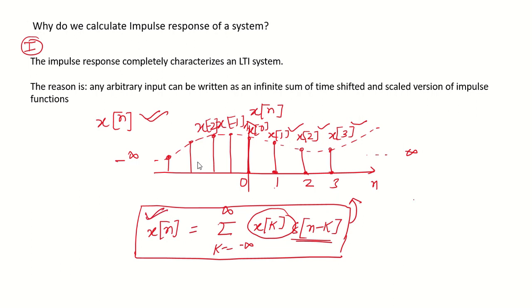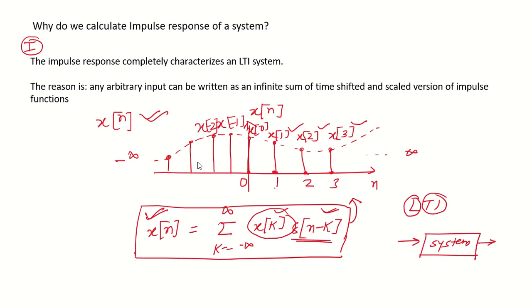Now, since we are talking about an LTI system, LTI system is the linear time invariant system. Since it is linear, there will be no effect of scaling, and since it is a time invariant system, there will be no effect of time shifting as well.